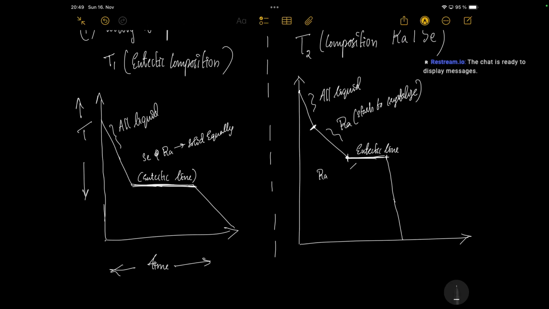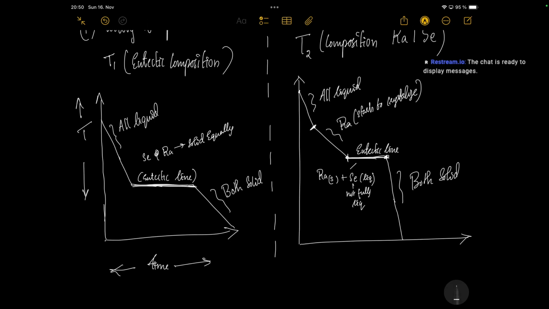Radium fully solid plus selenium a little bit liquid, not fully, and then both solid. Here also both solid after the eutectic line.